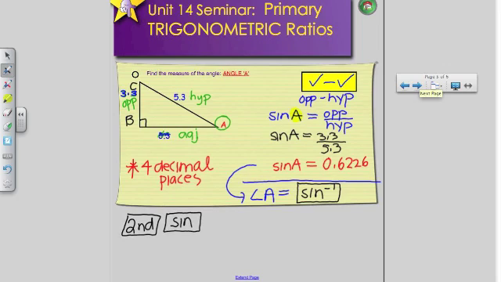Second function sine. And this is called, I should write this down because everyone always forgets it, the sine inverse. You can do the same thing with cosine to get the cosine inverse, tangent to get the tan inverse, but this is how we go from decimal to angle measure.